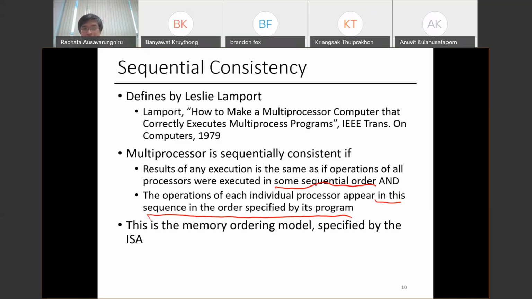This is called the memory ordering model that is specified by the ISA.